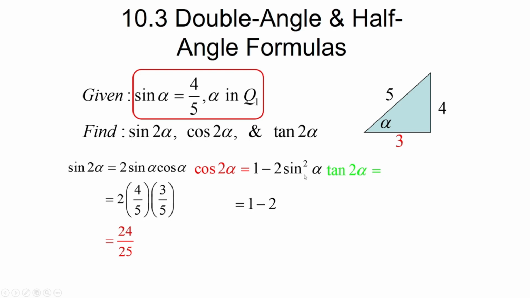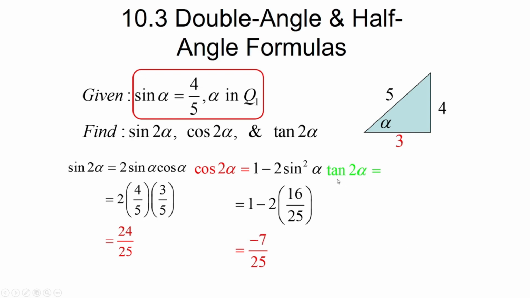So again, sine of alpha, that's 4/5. And if I square 4/5, wouldn't that be 16 25ths? Now it's just arithmetic again. These two terms, I'd want a common denominator of 25. So I am picturing 25 over 25 minus 32 over 25, which will give me a negative 7 over 25. And there's cosine of 2 alpha.